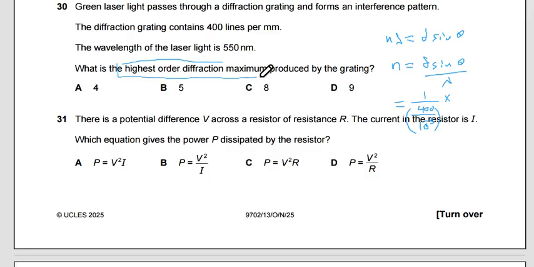Okay, we will make this theta 90 and sine theta 1 times 1 over the wavelength. Again, don't forget to convert on your calculator, and as this will go to the numerator, you can find the answer as 4.